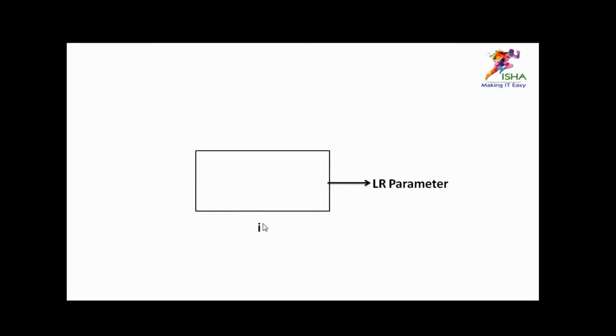Let's say there is a parameter called I, and we call this an LR parameter. Some people just call this a parameter. Just like a variable has a name, an LR parameter will have a name as well. Let's assume the name is I. We know that we have to give meaningful names to variables or parameters, but since it is I in the slide, let's go with I. You have the capability to store 1, which is an integer, mark, which is a string, and 10.25, which is a float.